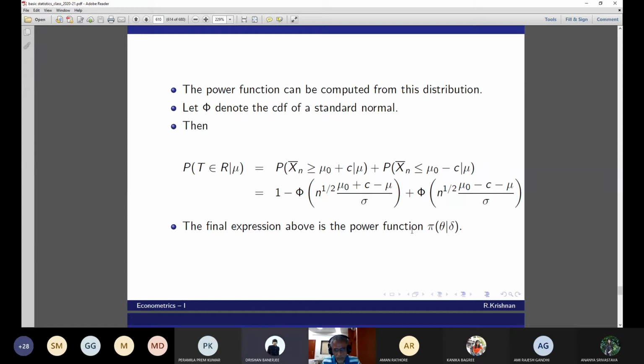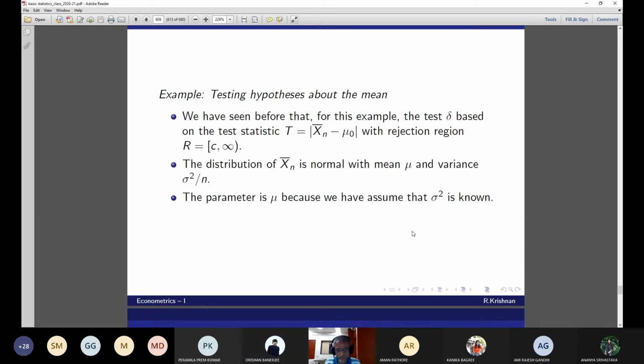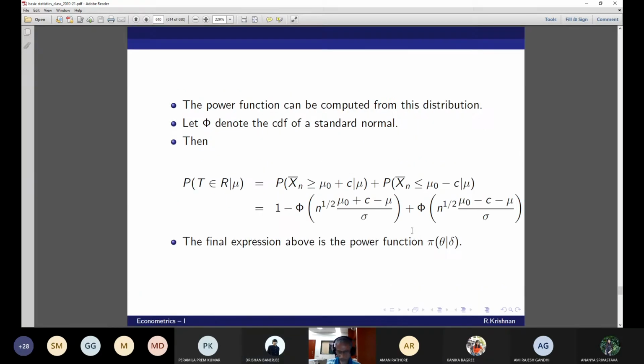Okay. This is the mod. If the mod of x bar n minus mu 0 equals c, what does that tell you? Minus c is less than x bar n minus mu 0, which is less than c, right? That's what I've done here, that is a minus c here.